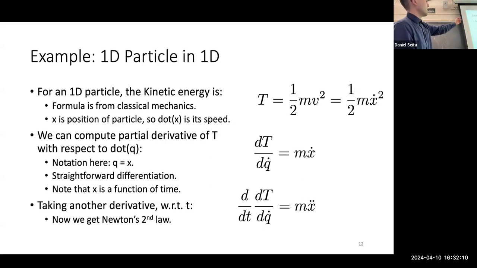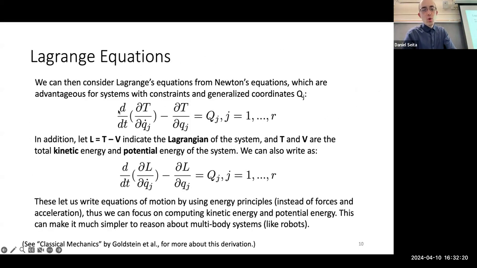Yeah, this is one 1D particle in 1D. When we're trying to analyze the equations of motion, we remember that we wanted to get this thing here, right? The derivative with respect to time of the partial derivative of the kinetic energy with respect to the generalized coordinate.